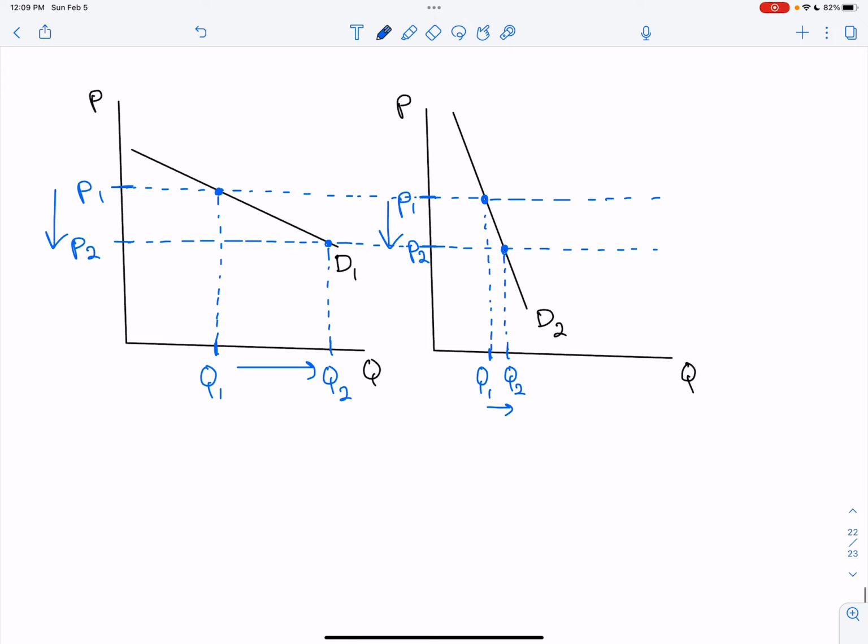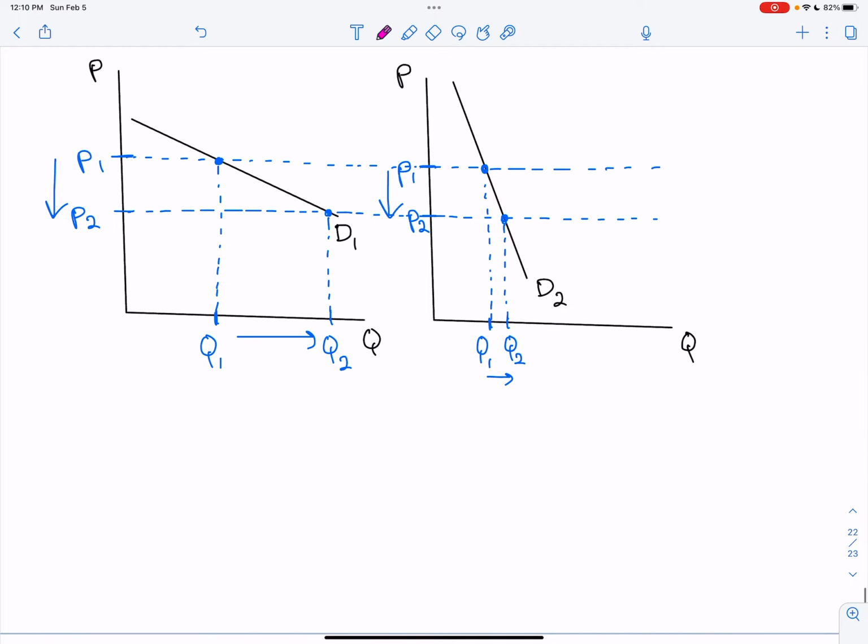Okay, so in our first case here, you have a change in price, the exact same change in price as in the second case, right? So exact same change in price, but a way larger change in quantity in the first case than in the second case. Okay.